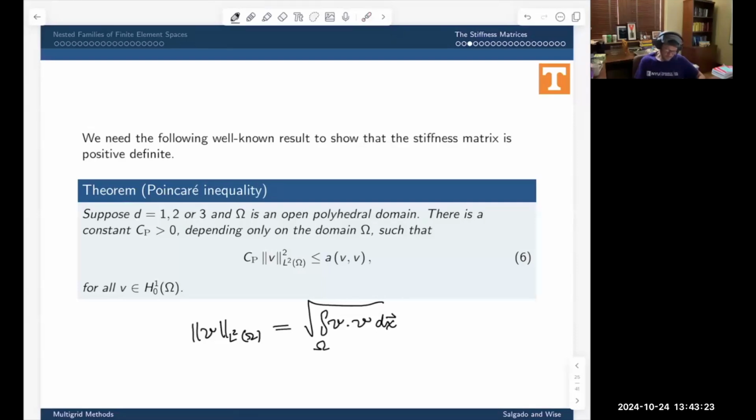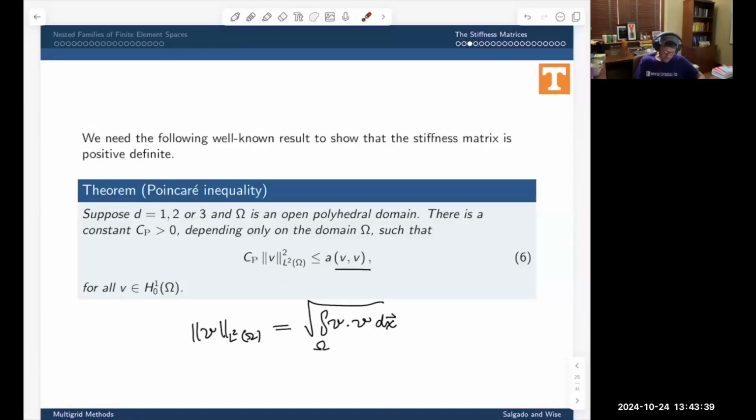That's less than the A inner product of V acting on itself. And this holds true for any V whatsoever in H01. This is called the Poincare inequality, or equations like it are called Poincare inequalities.